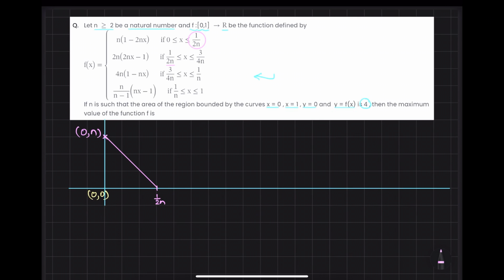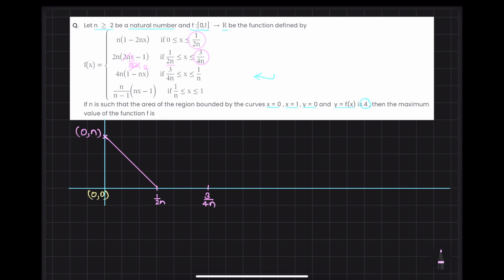Now x is what? 3 by 4n. So suppose that this is 3 by 4n. Okay. So x is 3 by 4n. So this 2n and this 2n gone, we are left with 3 by 2.